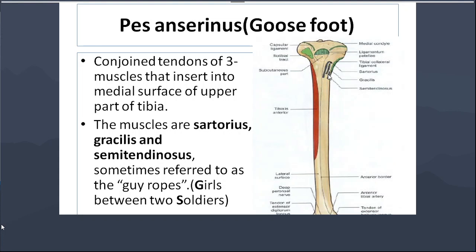Now coming to another thing: what is the pes anserinus? You can see this is the upper part of the medial surface of the tibia, where there is the insertion of the semitendinosus muscle.